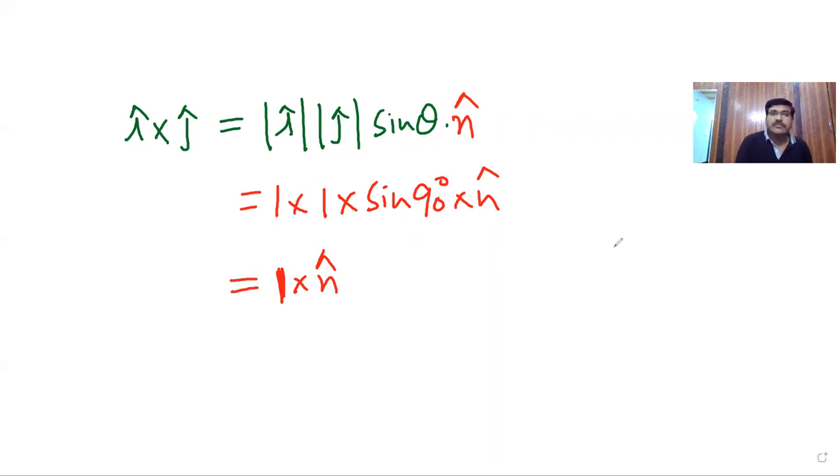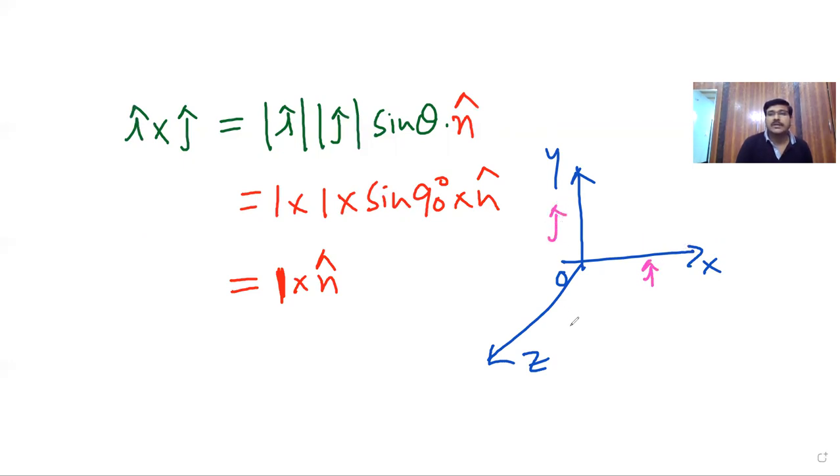Now, observe carefully. Here I am putting out a right angle coordinate system, X bar, Y bar, and Z bar, origin. Observe the unit vector along x-axis, I bar, unit vector along y-axis, J bar, unit vector along z-axis, K bar.